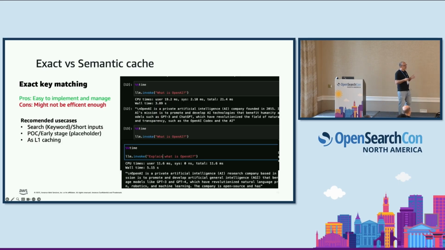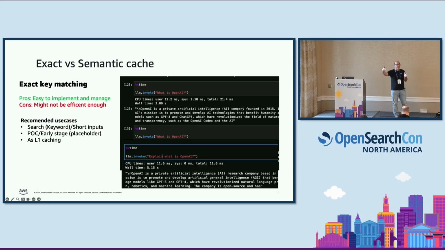Some recommended use cases for using exact key caching is if your application is really built around very short inputs like keywords, and then you have a good chance of having a cache hit. One of the other things that we saw is that if you have an architecture in place and you don't want to deep dive into the fine-tuning of semantic caching, this is a good implementation where you can have a placeholder as an exact caching.